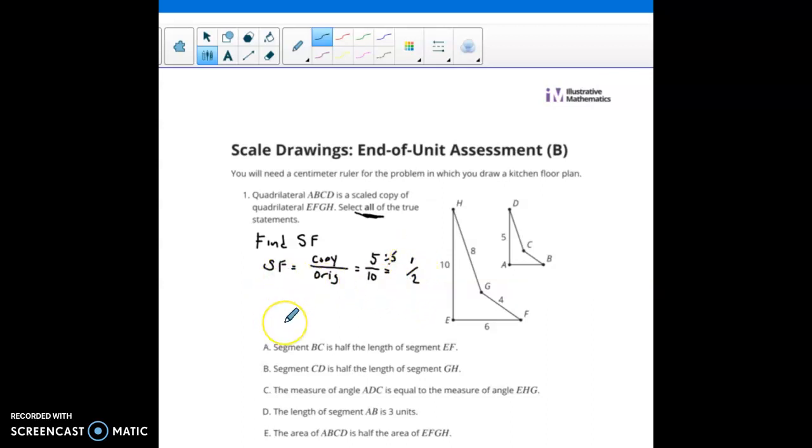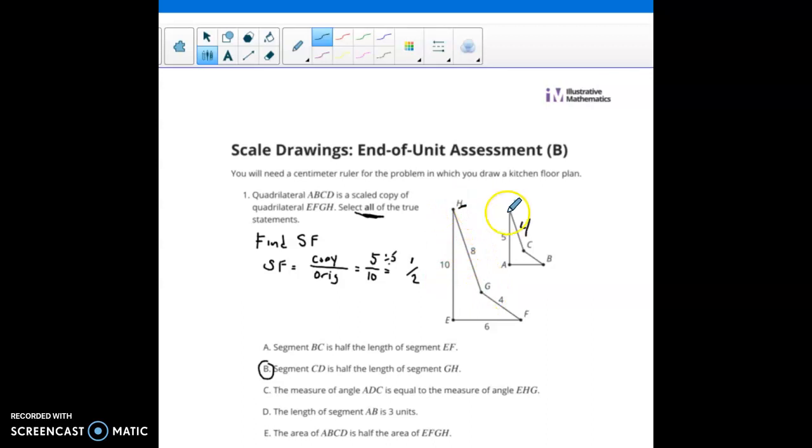So of the ones down here that are true, we have segment CD is half the length of segment GH. CD in our copy is half the length of GH. That is true. You don't have to know this, but if I said half of 8, that is 4. So B is true. Another one that is true: the measure of angle ADC is equal to the measure of angle EHG.